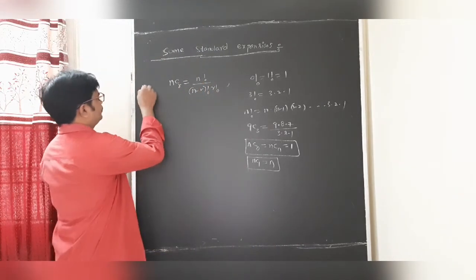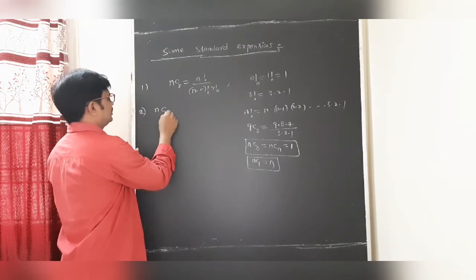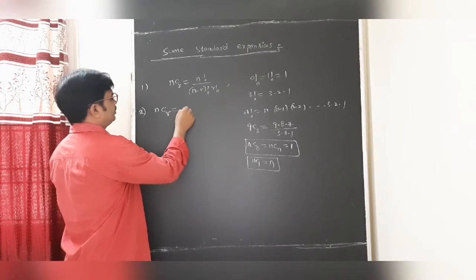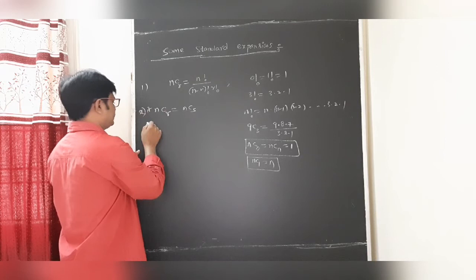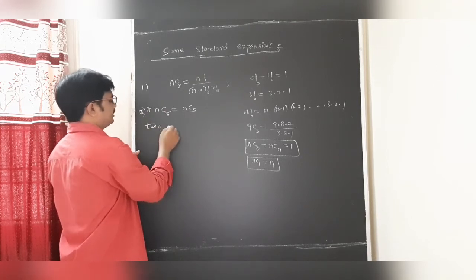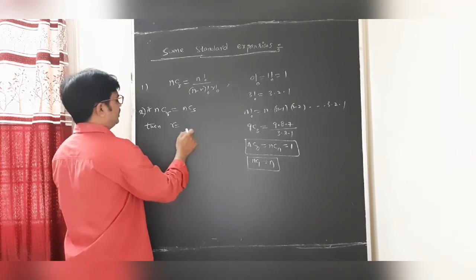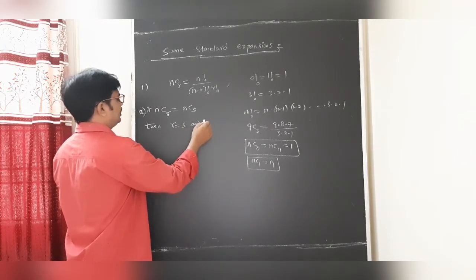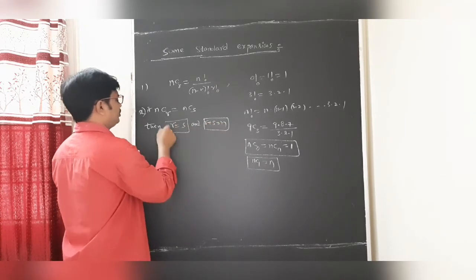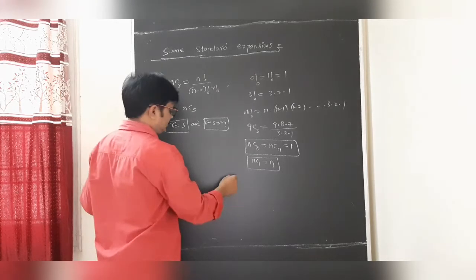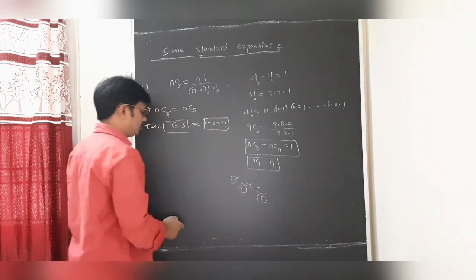My dear students, now the next one, the second property: NCR equal to NCS. My dear students, if NCR equal to NCS, then we take two cases: R equal to S, and R plus S equal to N. R equal to S: suppose 5C3 equal to 5C3, both are equal, there is no problem.